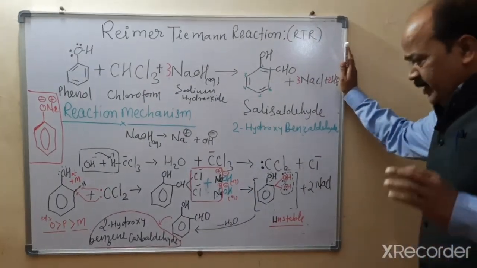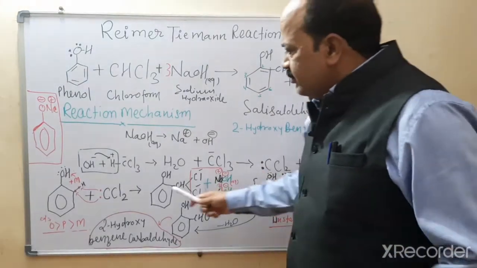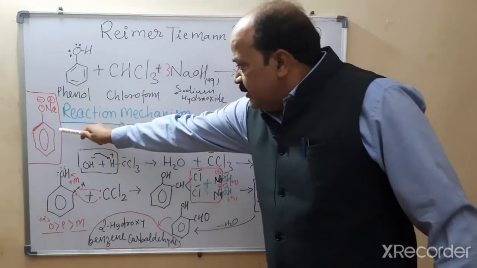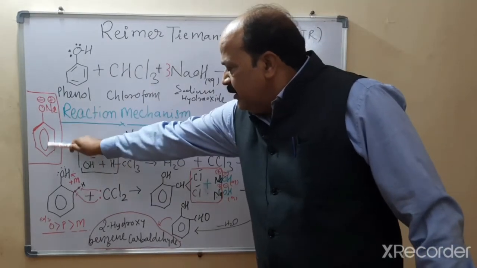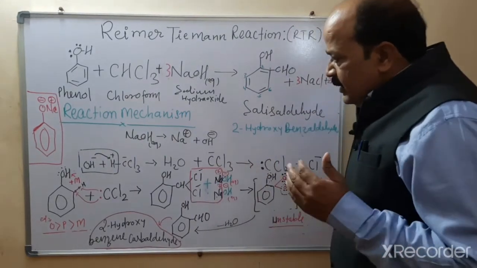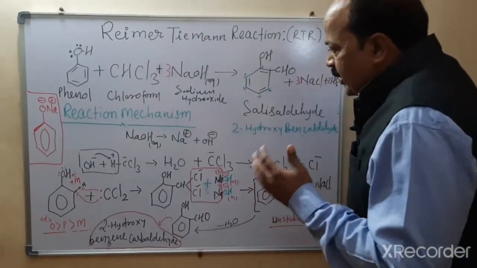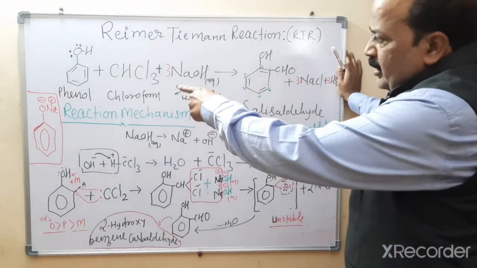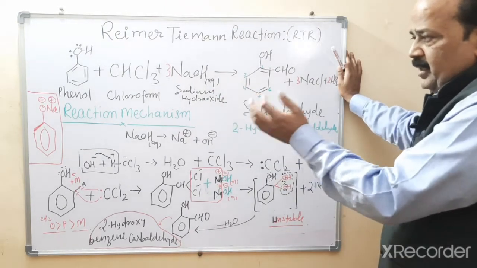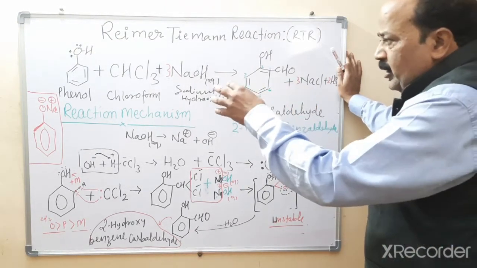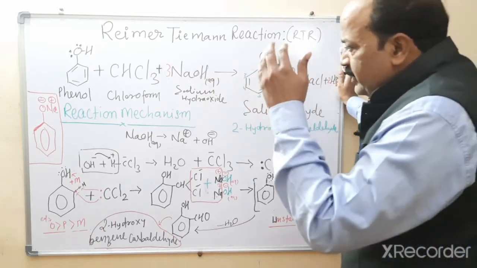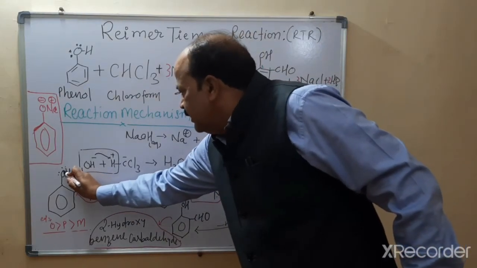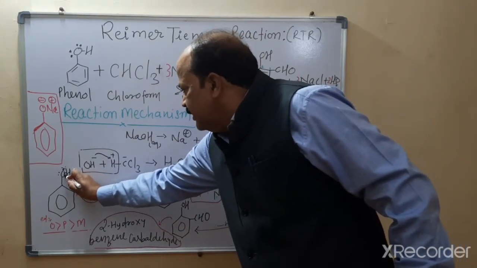And one thing is very important here: in place of phenol, if we take sodium phenoxide, this is sodium phenoxide, sodium and phenoxide, then this reaction takes place comparatively faster than with phenol. The reason is that O actually has the minus sign, and sodium has a valence of 8 electrons, so O has more electron density, so that will pump electrons toward the benzene ring more than OH, because there the H carries a positive sign and hydrogen is attached.